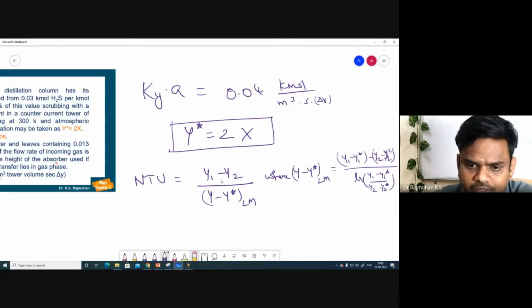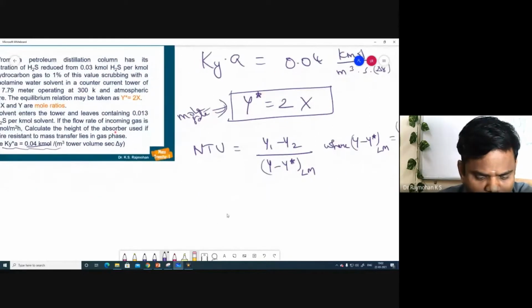If it is in terms of small y, we have y1 minus y2 by (y minus y star) logarithmic. When the data is given in terms of mole ratios, it is easier for us to proceed with this method. So whatever data is given, let us convert to mole ratios first.